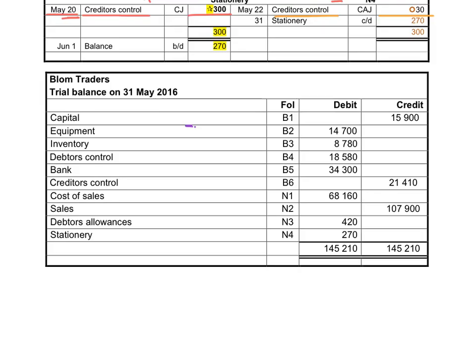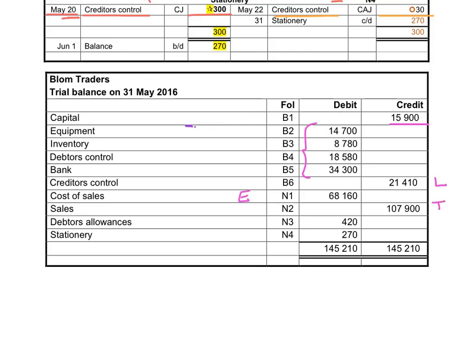When we look at the trial balance, we will see that capital will be on the credit side because capital always has a credit balance. All the assets will have balances on the debit side. Creditors control is a liability that will have a balance on the credit side. Cost of sales is an expense with a debit balance.